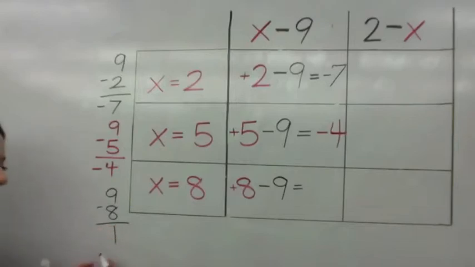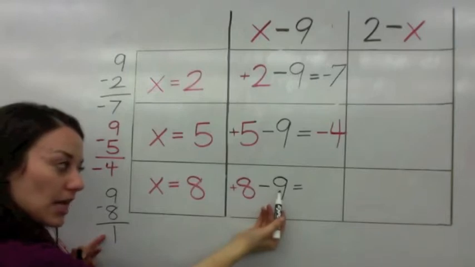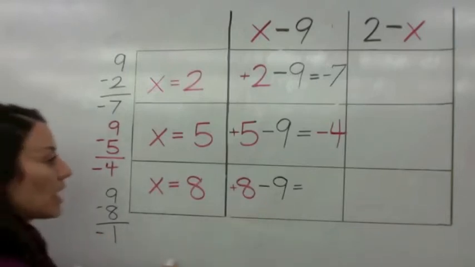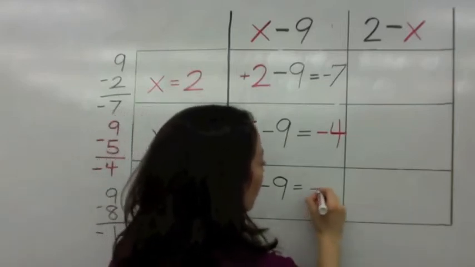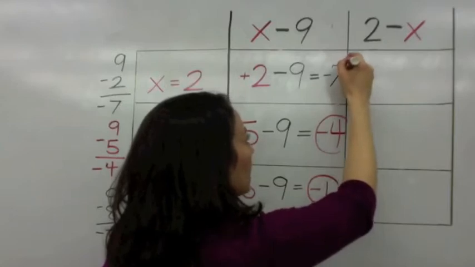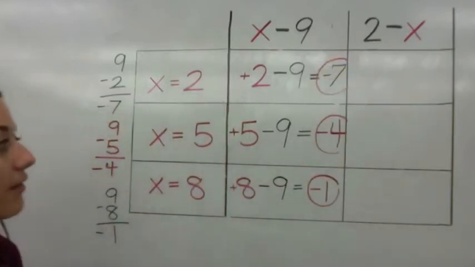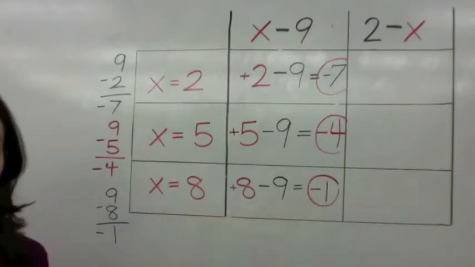Will the 1 be positive or negative? If the bigger number you're taking away is negative, then the answer would be negative. So this is negative 1. Here we're working with negative integers. Whenever you take a bigger number from a smaller number, your answer is negative.